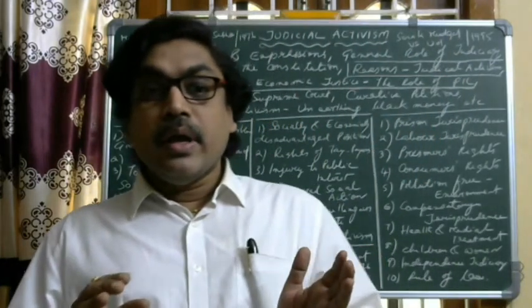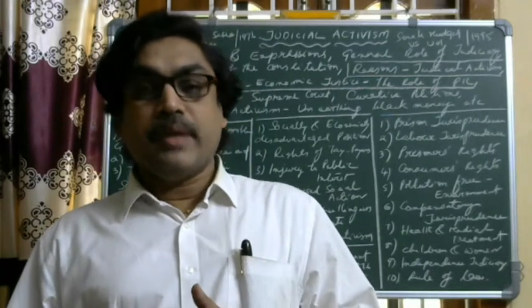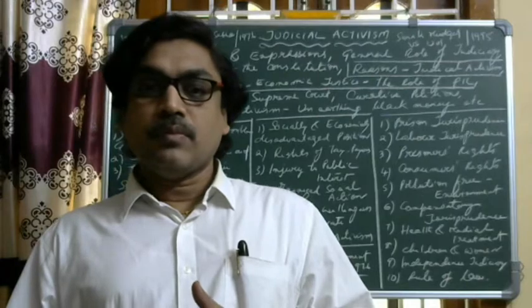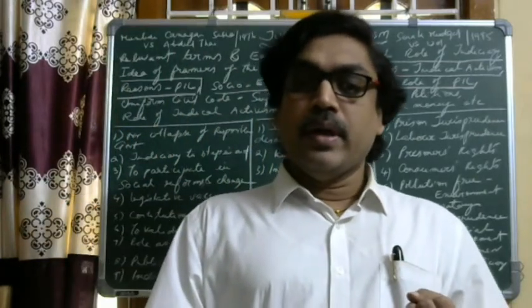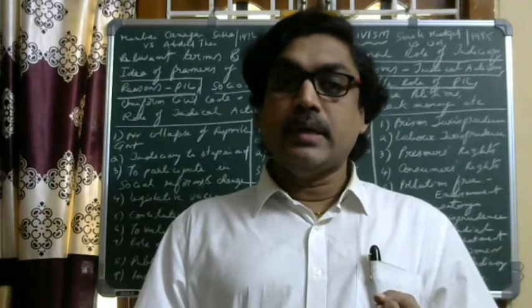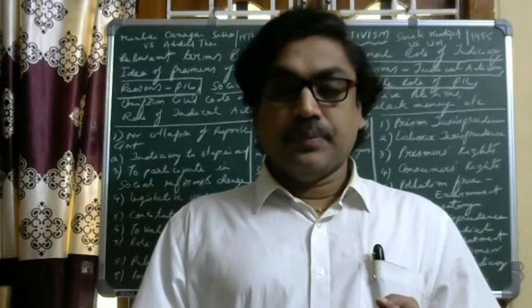Next one, relevant case laws. What do the relevant case laws mean? First one is the Kesavananda Bharati case. It was filed in 1970, but the judgment was rendered in 1973.